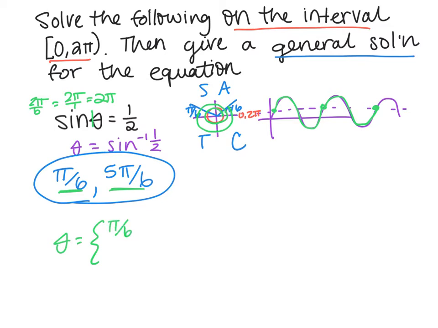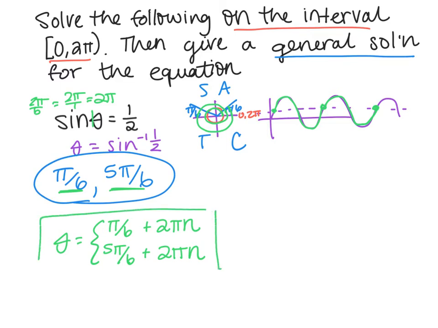We could have pi over 6 plus any multiple of 2 pi. We're just going to write that as 2 pi n. Or we could have 5 pi over 6 plus any multiple of 2 pi. And that would be your general solution for this equation.